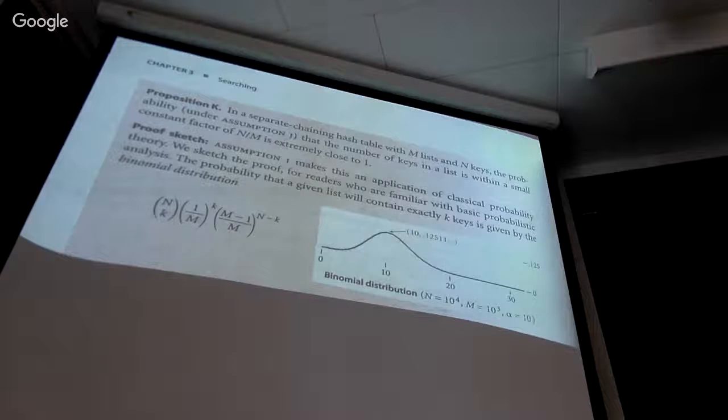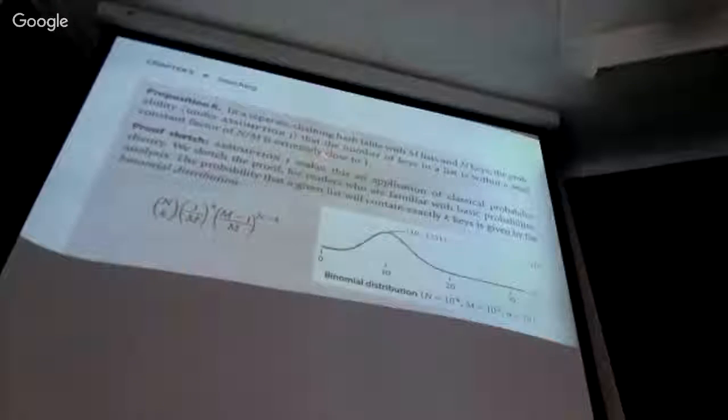And if it so happens that I am in list, the number of keys in a list is within a small constant factor of n upon m, with probability extremely close to 1. What does that mean? That means in plain English that the lists are short.